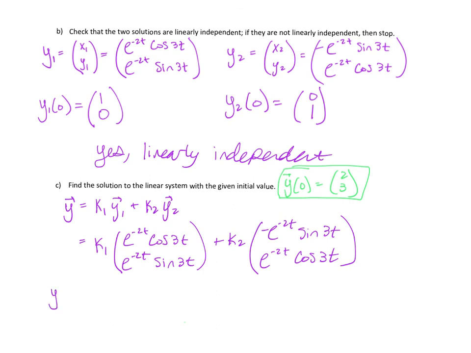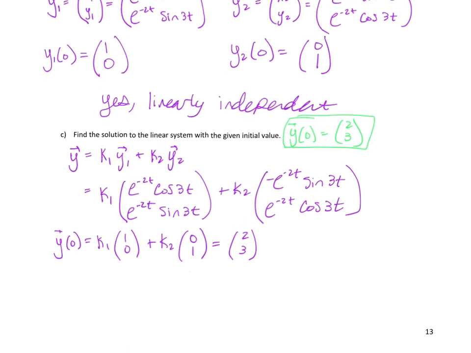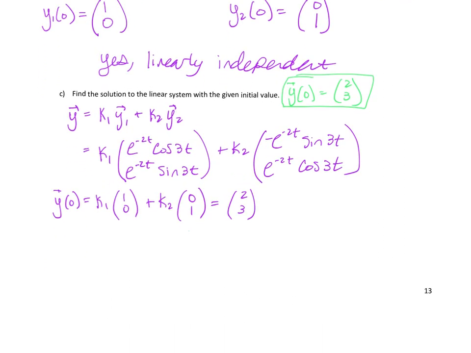Okay, so y of 0 will give me k1 times 1, 0 plus k2 times 0, 1, and that's supposed to equal 2, 3. That tells me that k1 is 2 and k2 is 3, which means the solution I'm looking for looks just like this one, but replace k1 and k2 with those values.